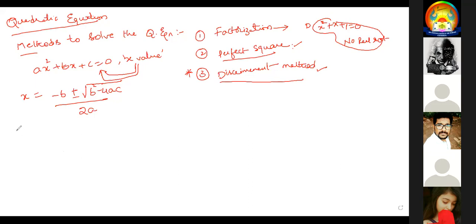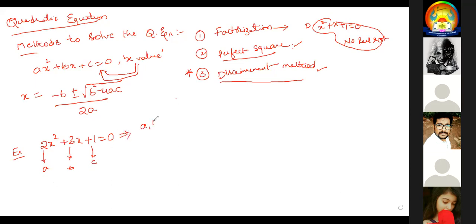One example I am writing: 2x square plus 3x plus 1 equal to 0 is a quadratic equation. Till now we solved these types of equations using the factorization method or the perfect square method. Now we are doing it with the discriminant method. First, find what is a, what is b, and what is c.